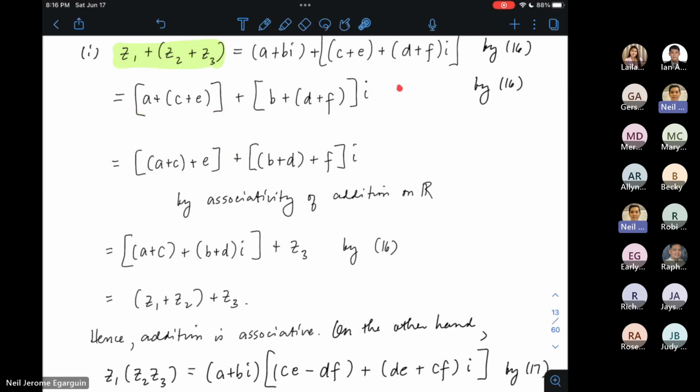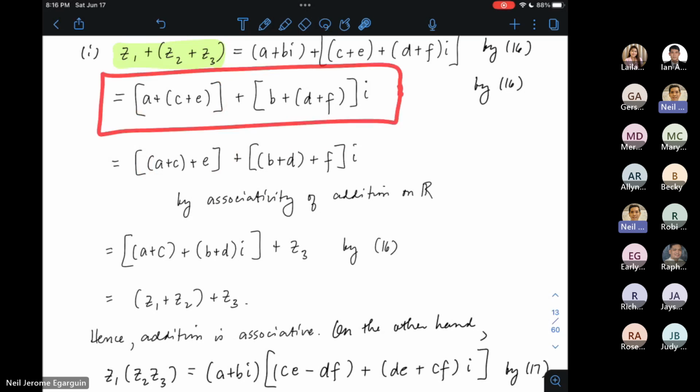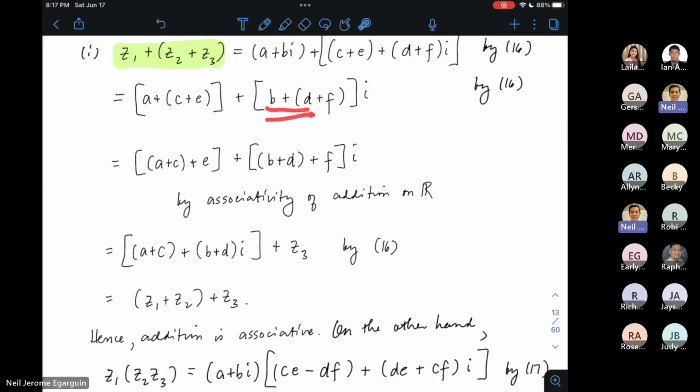So sinimplify ko siya rito and then seemingly out of the blue, I wanted to group A and C together at i-separate si E. Ganun din dito, bakit ginusto kong i-group si B at saka si D at i-isolate si F? This is because I have the foresight of how Z1 plus Z2 quantity plus Z3 will look like. So alam ko na kasi yung target ko, kaya nire-ready ko na yung form para doon sa gusto kong maipakita.